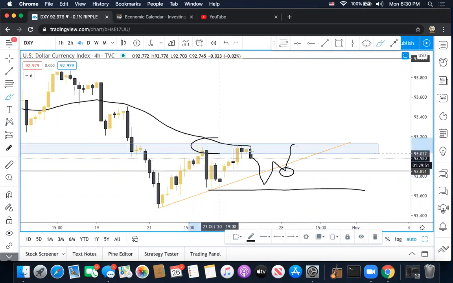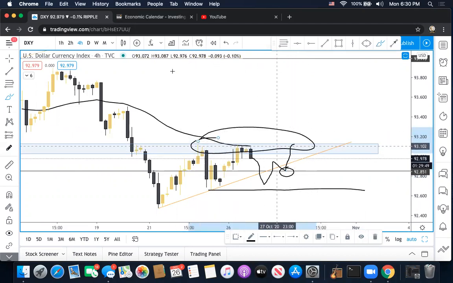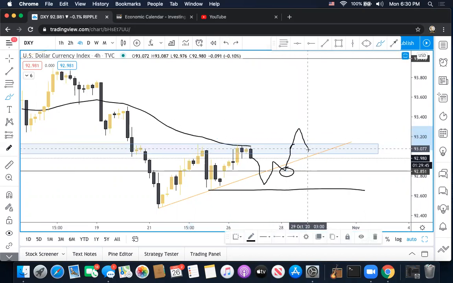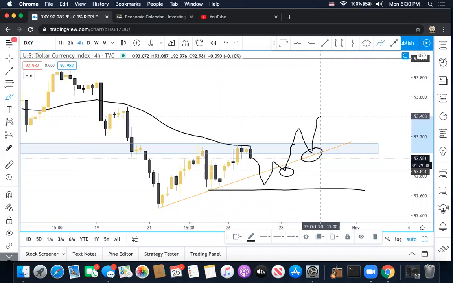Overall, the market would need to take out this resistance. If the market breaks up out of that resistance and then on that push back down we get a hold right there, that'll be a higher probability buy confirmation to the upside.